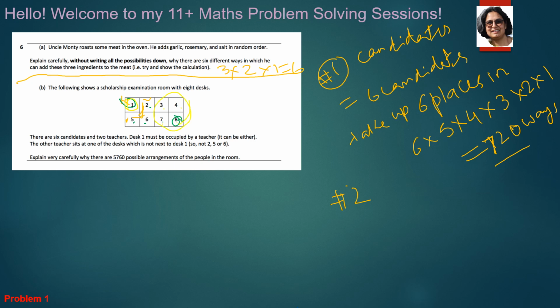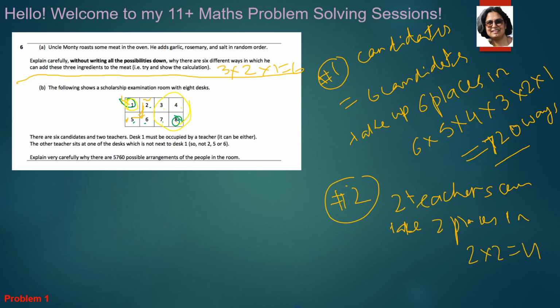So the 2 teachers can take 2 places in how many ways? One teacher takes 2 places in 2 ways. It's 2 times 2 is 4 ways.